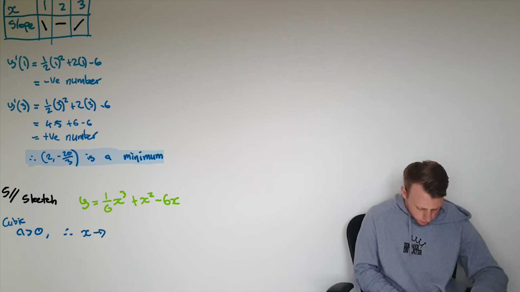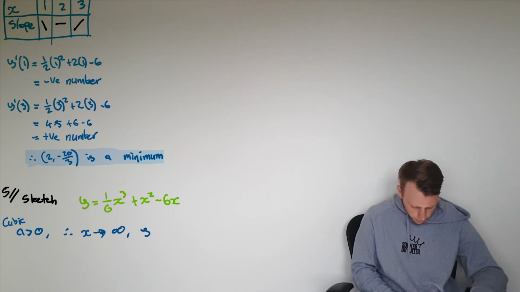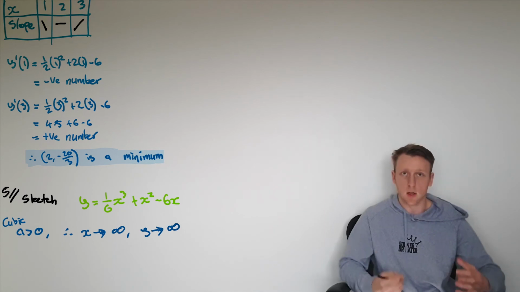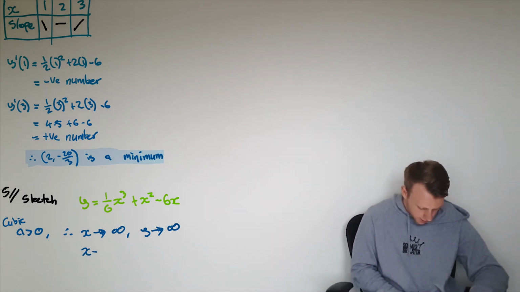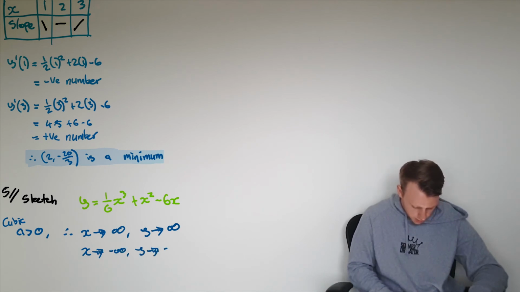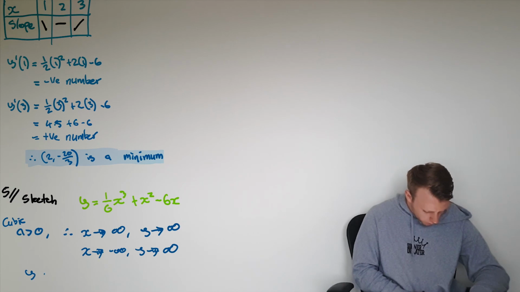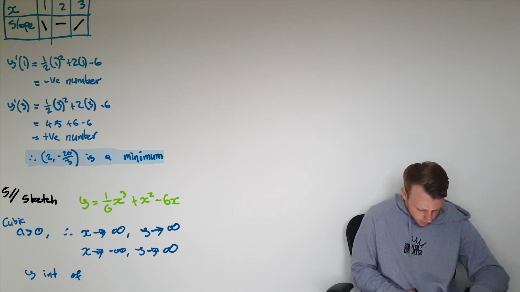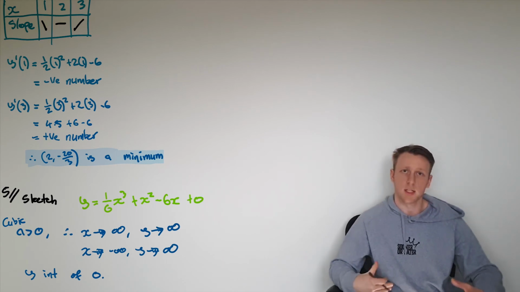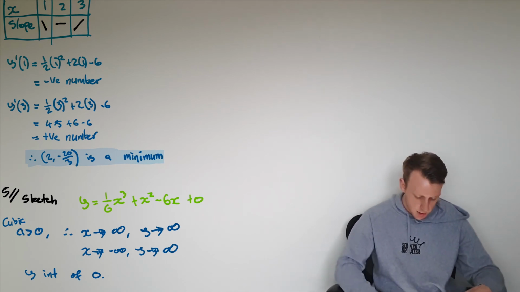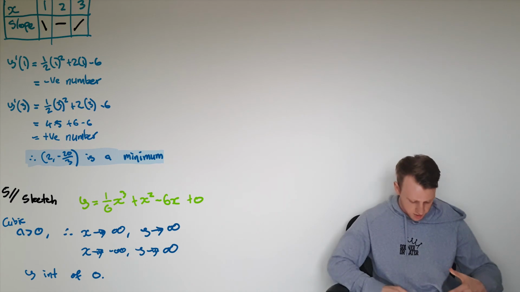Therefore, as x goes to infinity, y goes to infinity. That's the long-term behavior. What's going to happen as x approaches infinity, and as x goes to negative infinity, y also goes to negative infinity. I noticed that I've also got a y-intercept of 0, because this value at the end here, plus 0, that's the y-intercept. So I'm just going to piece all of this together on my sketch.